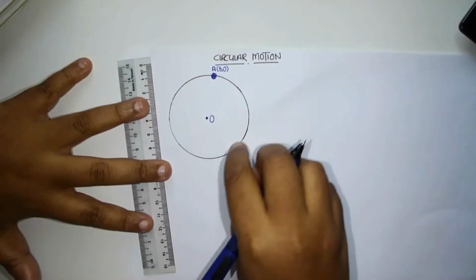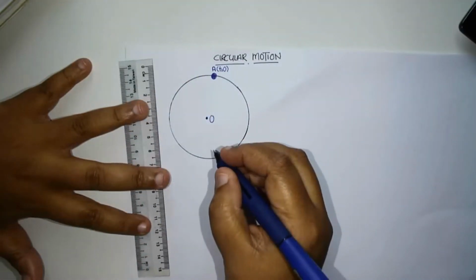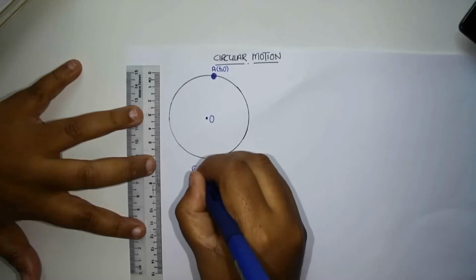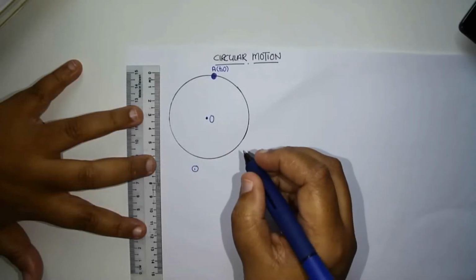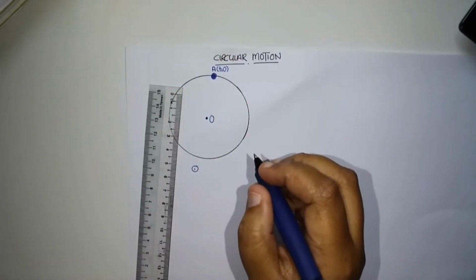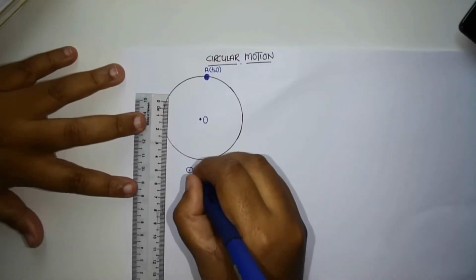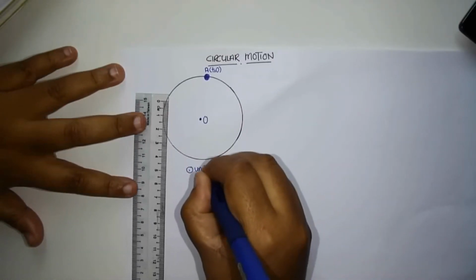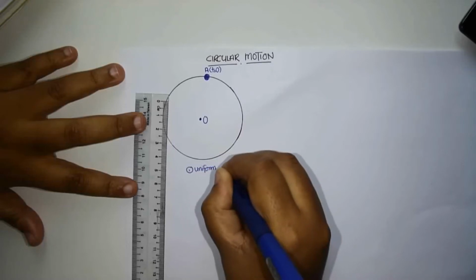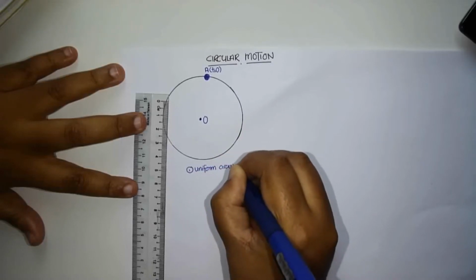This particle is in uniform circular motion if it moves with a constant speed. So we say this particle is in a uniform circular motion.